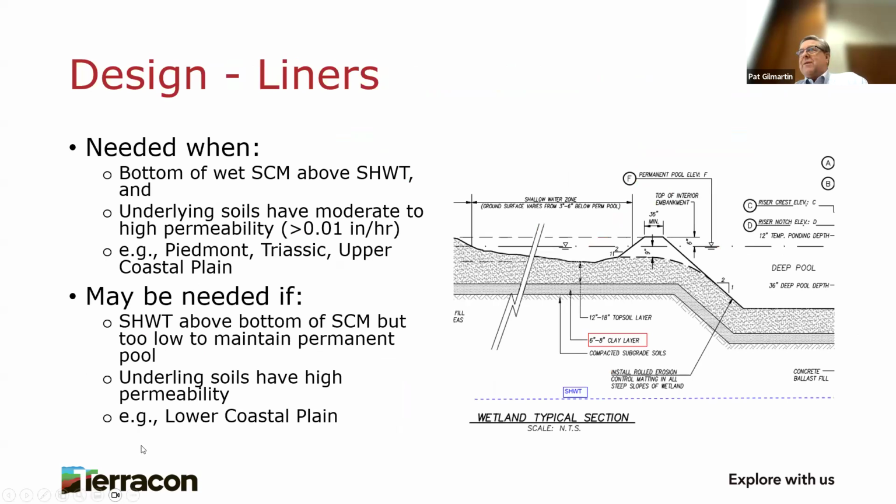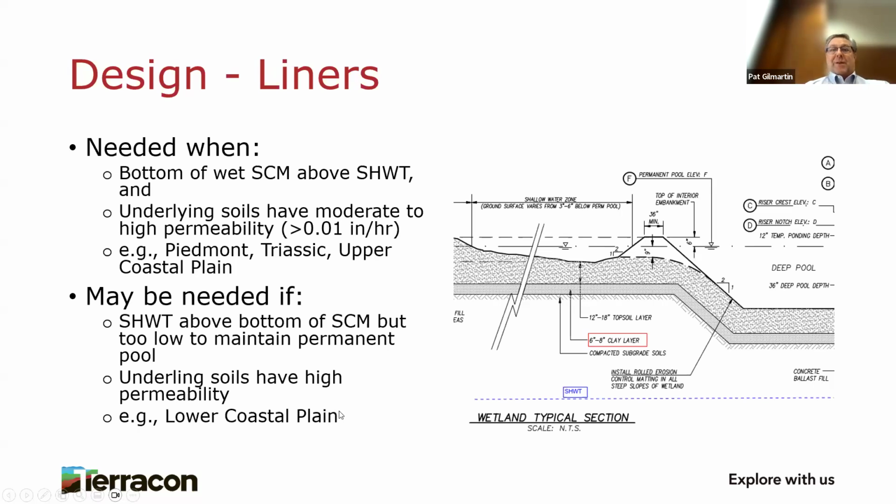Liners. When the bottom of a wet stormwater control measure, such as a wet pond or stormwater wetland, is located above the seasonal high water table, and the underlying soils and rock are too permeable, a liner may be needed to sustain that permanent pool. A liner may be needed if those underlying soils have high permeability as well, even if the seasonal high water table is within that basin.